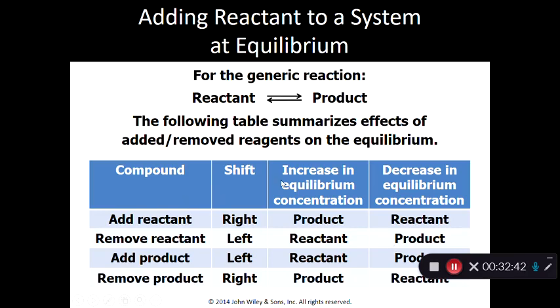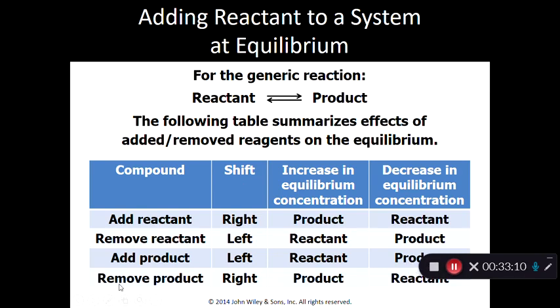Same scenario if we apply this information for products: adding product, removing product. If I add product, more product, so we are going to remove that one. We are going to use this one, so shift to the left. If we remove product, reactant increases and product decreases.